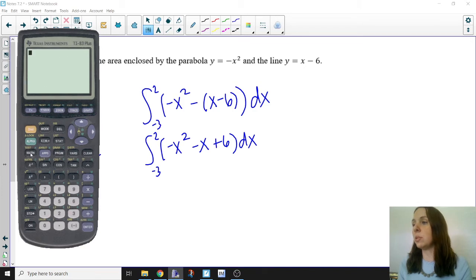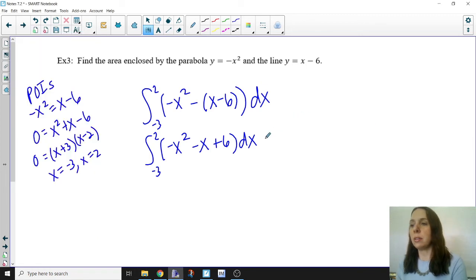I am going to do another math 9, negative x squared minus x plus 6, comma x, comma negative 3, comma 2, which gets me an answer of 20.83 repeating, or 125 over 6.